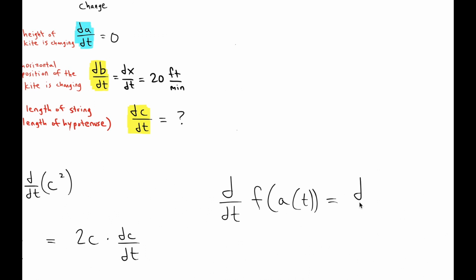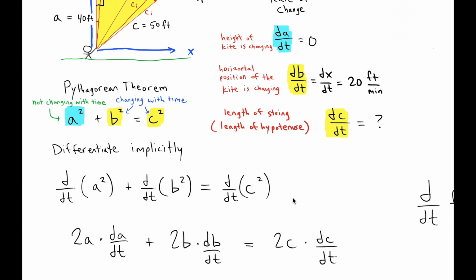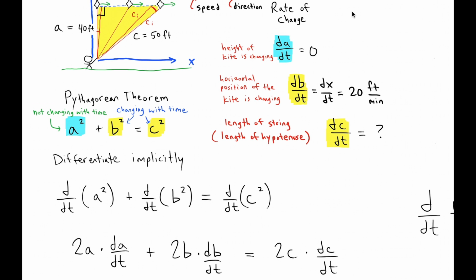So yes, I can differentiate this f with respect to A, but that's not good enough. I should also multiply by dA over dt to complete the chain rule. I did that for each of these cases. And now I have an expression where I can plug in the relevant quantities. I know what some of them are already.